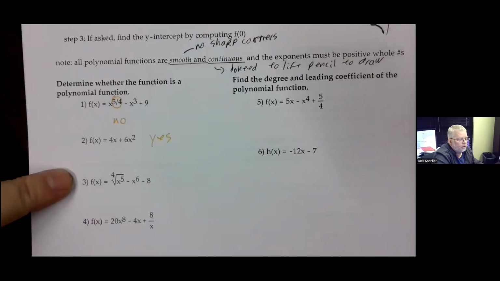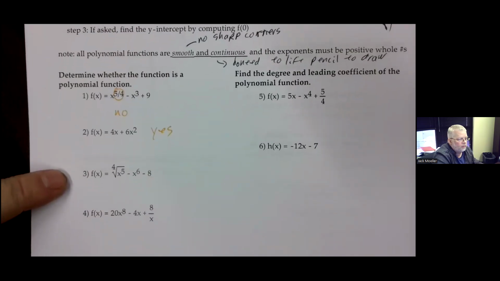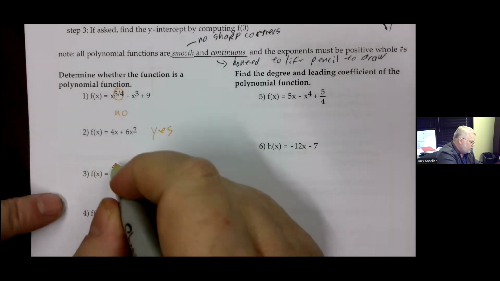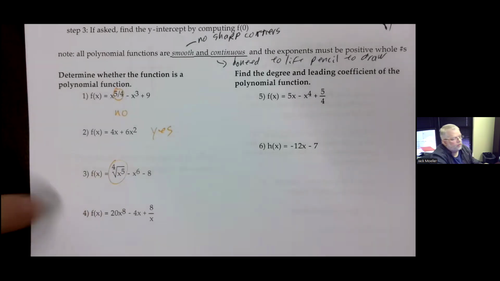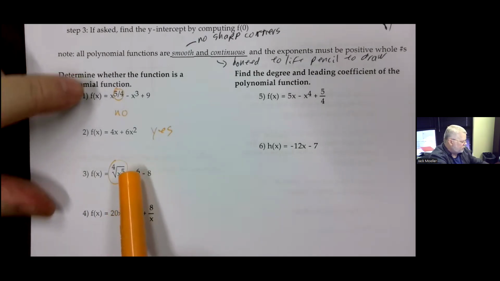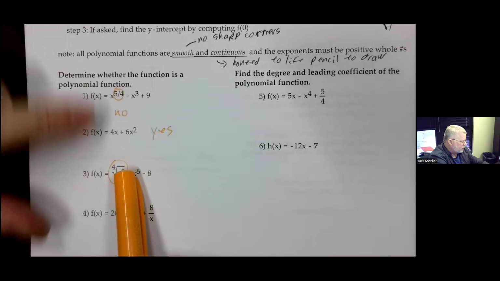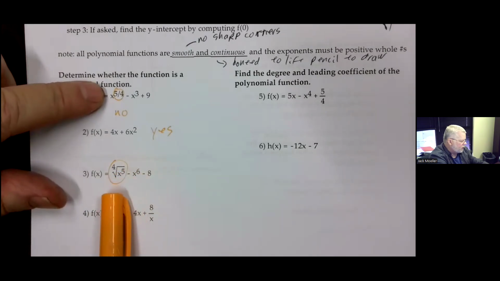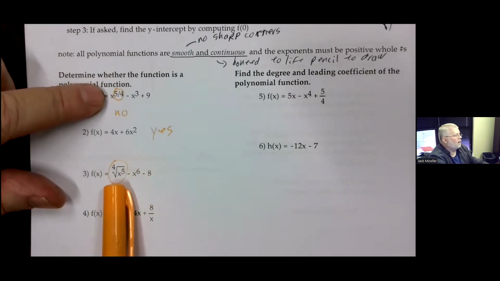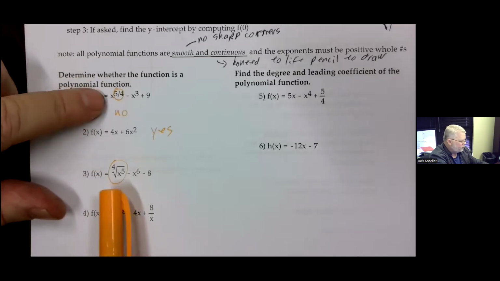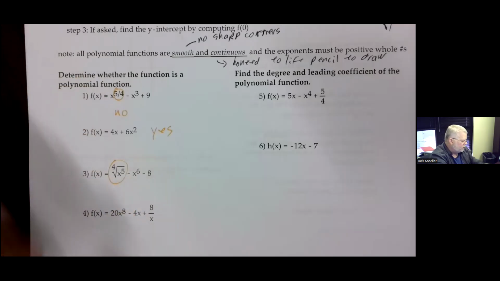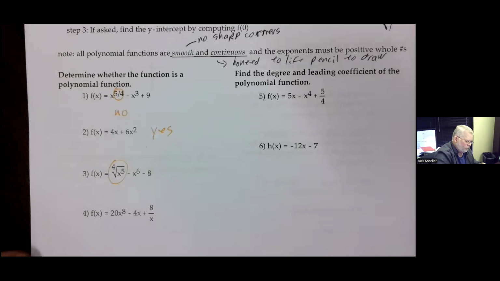What about number 3, the fourth root of x to the fifth minus x to the sixth minus 8? Well, we can't do anything with radicals on our x. Actually, this is another way to write x to the 5/4. We very briefly mentioned that way back in R8 on test 1. We'll see that again in logarithms, but no radicals, no fractional exponents.